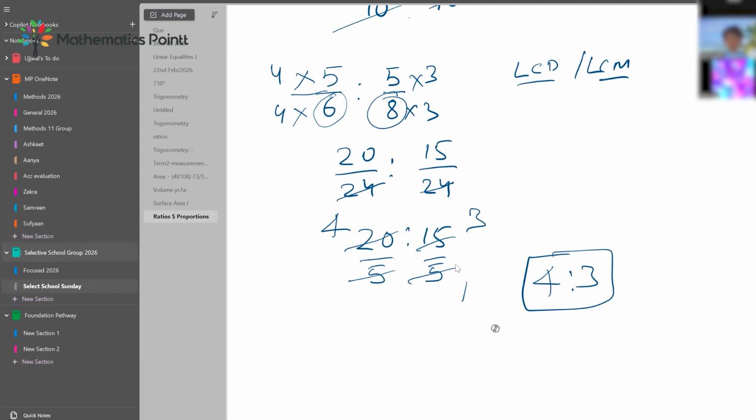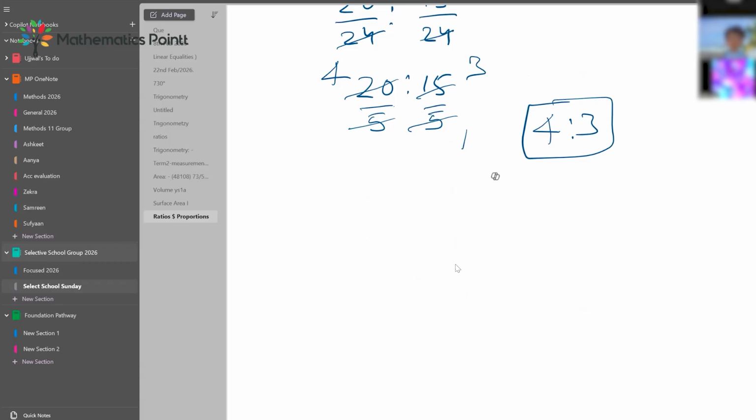All right, a quick one. X over Y ratio A over B. Can you simplify this?